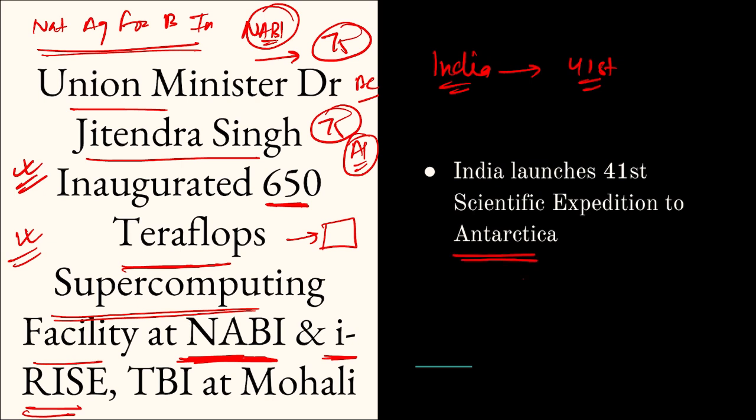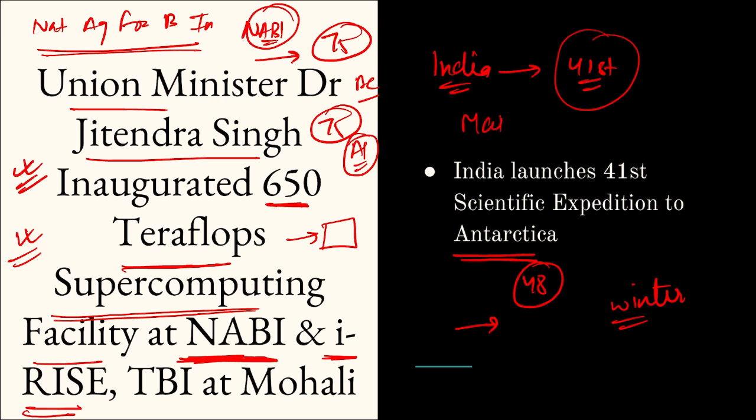Next we'll be talking about India's 41st scientific expedition to Antarctica. Right now 48 members in this 41st Antarctic mission will be going to Antarctica, and they will be spending the winter over there so that they can do various research. What is the name of the Indian Antarctic station at which they will be staying? It is your Maitri.